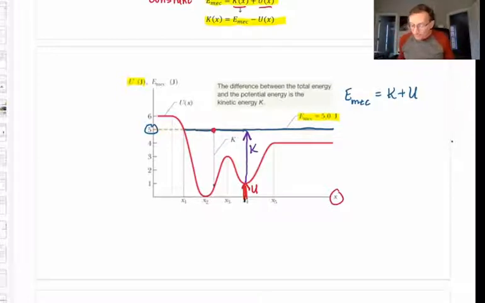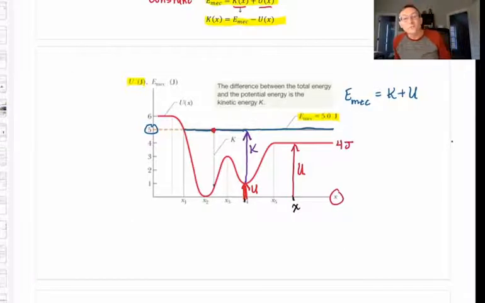Okay? All right. What about if we're over here to the right of x5? How about an x value right there? How much kinetic energy would the particle have there for this diagram? Well, go straight up till you get to the potential energy curve. That's U. It's pretty clear from that graph that that's 4 joules.